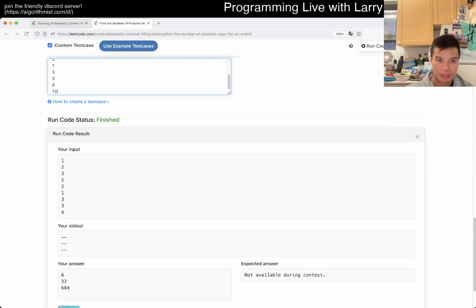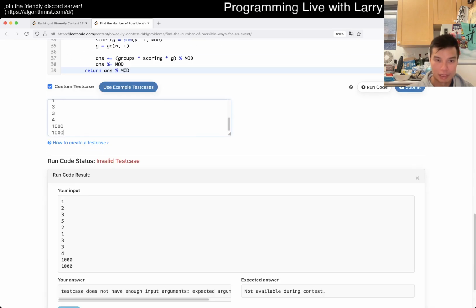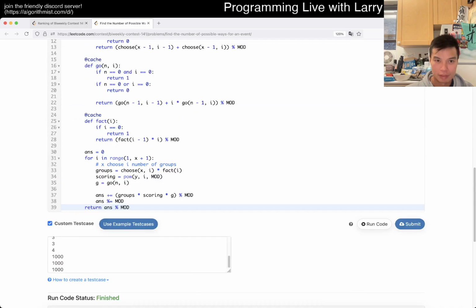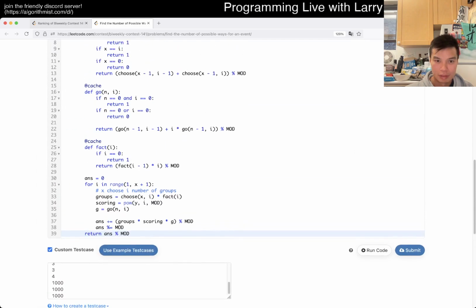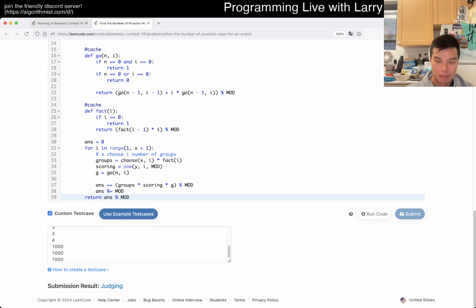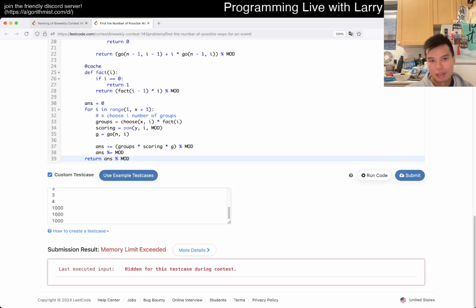After doing it 1,000. Oh, and 1,000. Okay, it seems fast enough. YOLO. If it times out, there's a lot of easy optimizations, but come on, Leetcode.